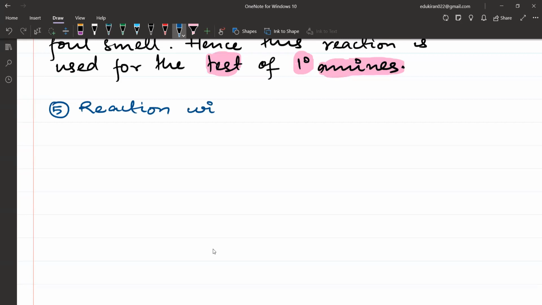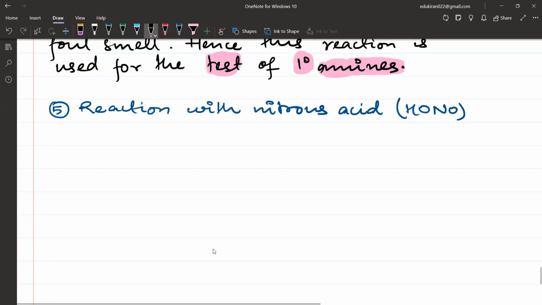Reaction with nitrous acid. Nitrous acid is HONO. First of all, HONO is prepared in situ by reacting NaNO2 plus HCl.